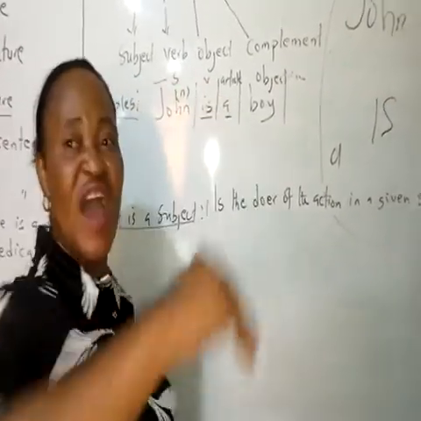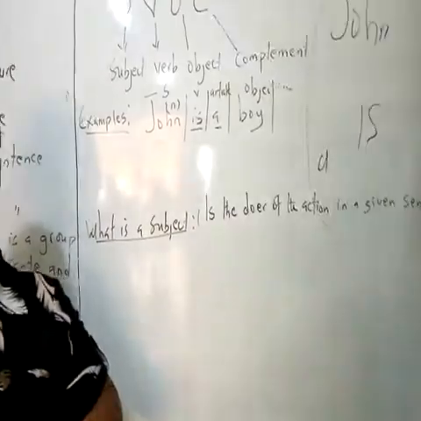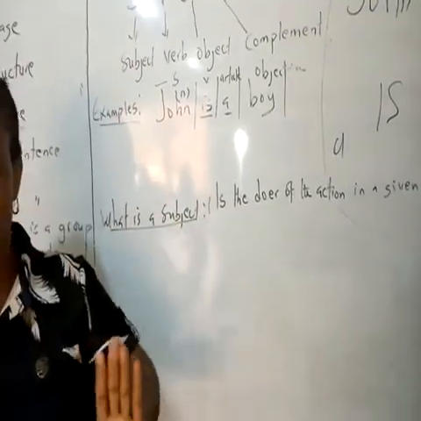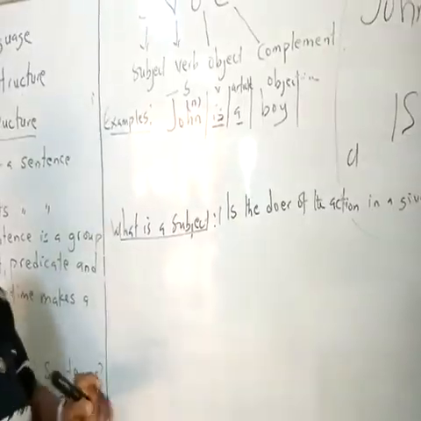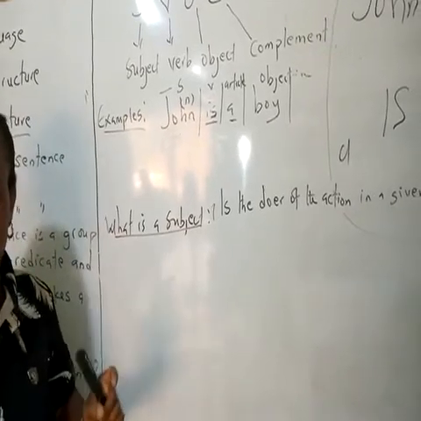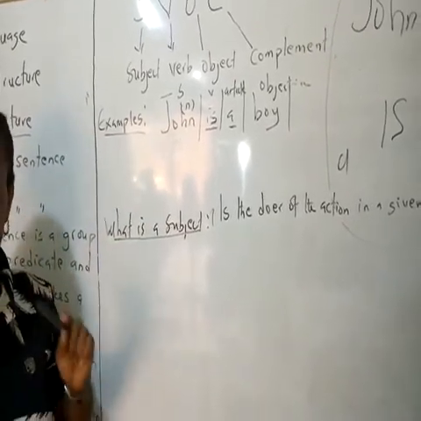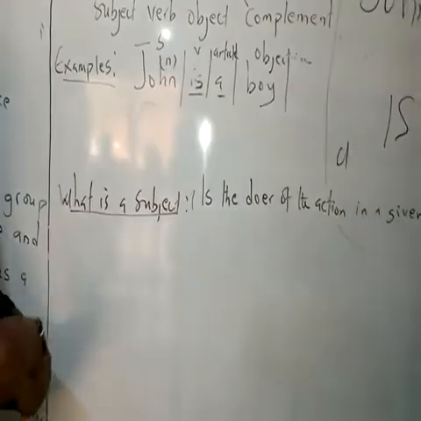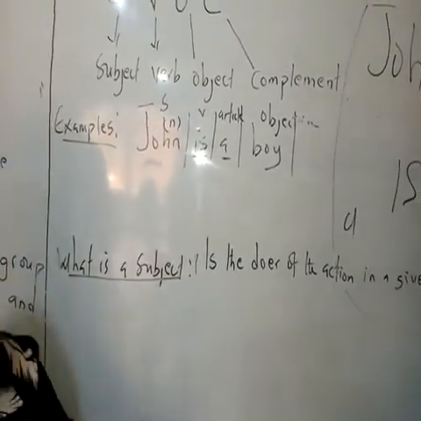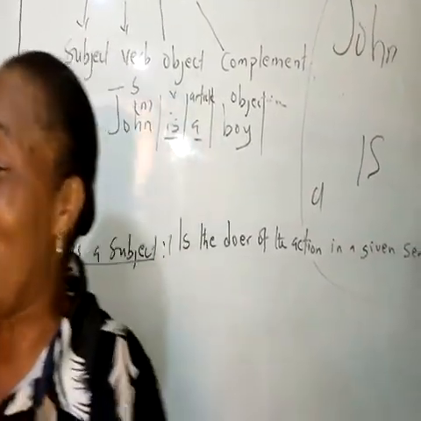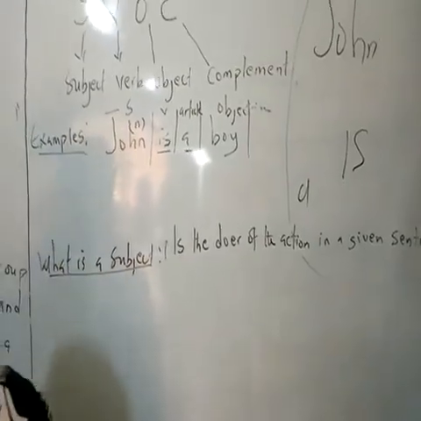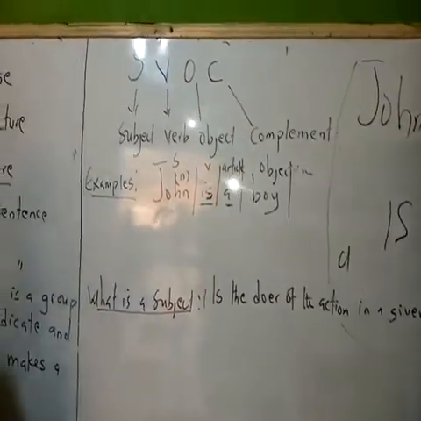When you look at how it sounds, John a boy does not sound grammatically correct because there is something missing. That is being the action word. Even as I'm teaching, as I'm communicating to you, you are able to understand me clearly because I'm using the action verb, final verb.